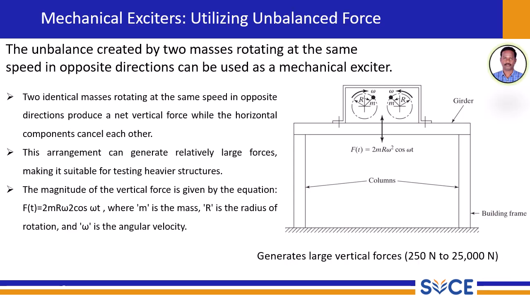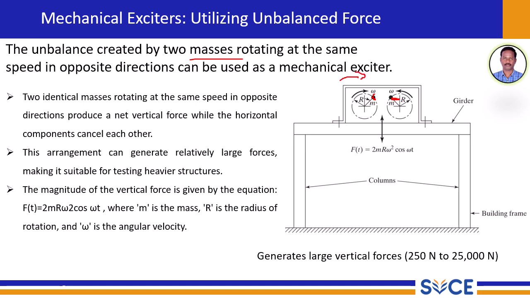Now, we explore another ingenious method for generating mechanical vibrations, that is, the use of counter rotating masses. The fundamental principle here is the creation of controlled unbalanced forces. Imagine two identical masses rotating at the exact same speed but in opposite directions.